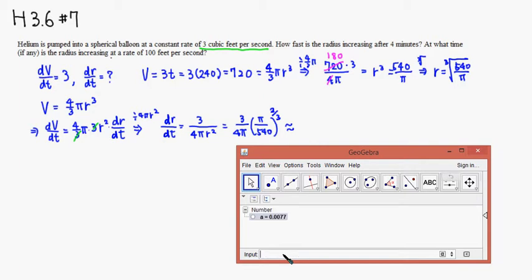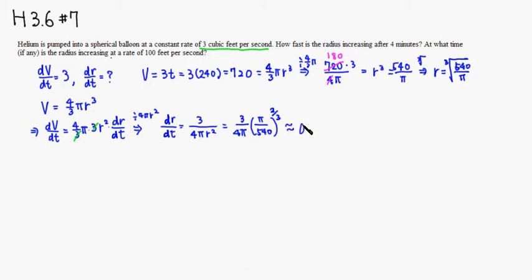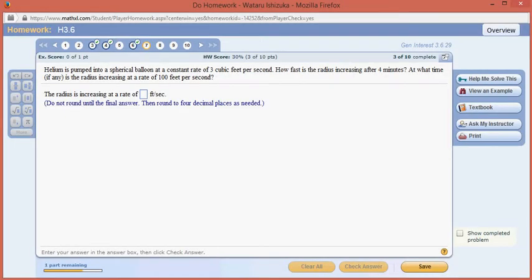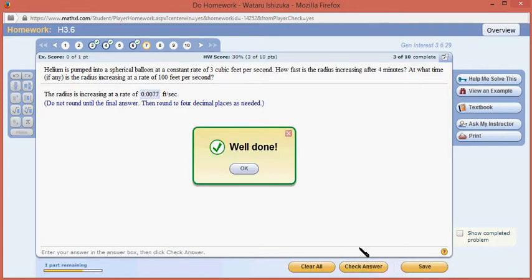Let's get that value. It came out to be 0.0077. Let's type it in. Check the answer. We got that.